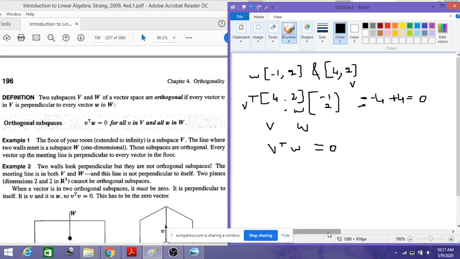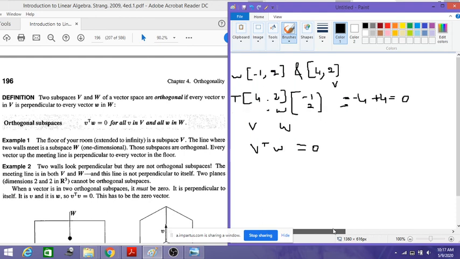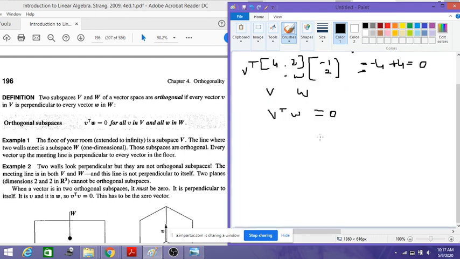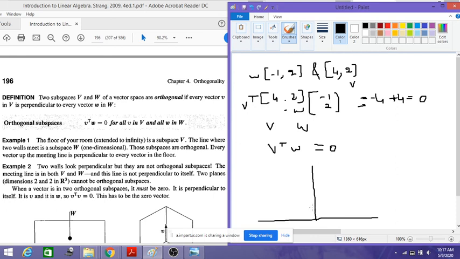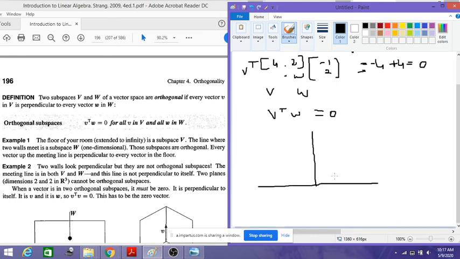Now if you draw these vectors on the two-dimensional plane, let me draw it here below. We take the two-dimensional plane, and if you draw the two vectors, the first vector is 4 and 2. So 4 and 2 might be somewhere here.